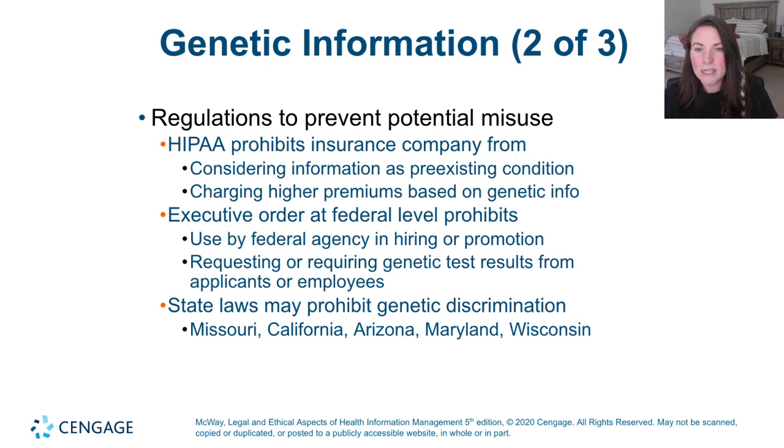There are also executive orders at the federal level that prohibit federal agencies from using genetic information to make decisions of hiring or promotion, and they're not allowed to request or require genetic testing from their applicants or their employees. Several states have also passed laws about this, prohibiting genetic discrimination, okay?